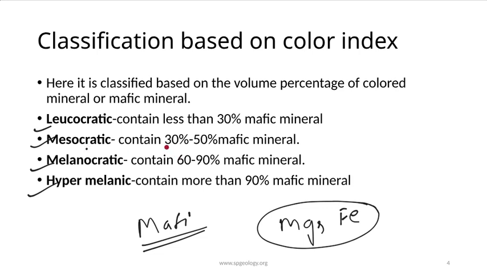Mesocratic contains 30 to 50% mafic minerals, melanocratic 60 to 90%, and hypermelanocratic more than 90%. More than 90% is called ultramafic rock. So if more than 90% is mafic minerals, it is also called ultramafic rock.